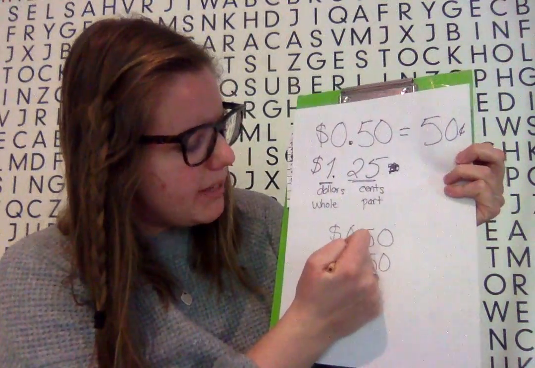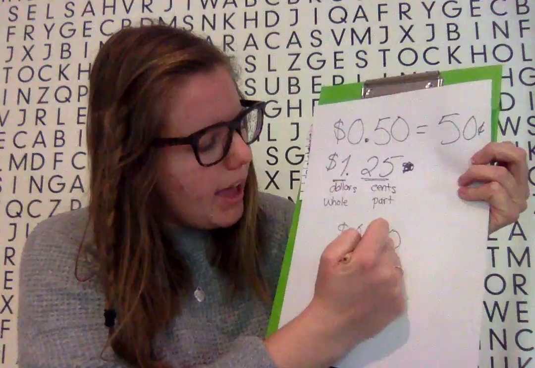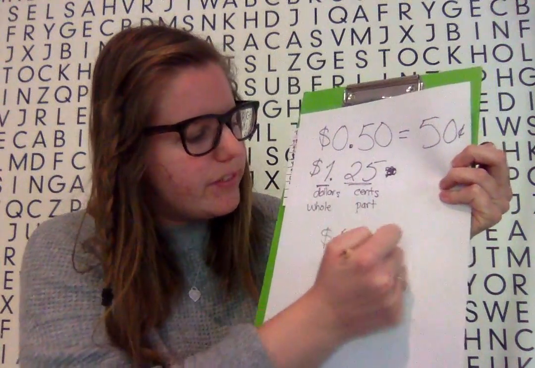All right, so I have it all colored. Do I have a whole dollar colored? No, I just have a part of a dollar, which is why in the dollar space I have a 0, and in the cent space I have 50, because it's saying I have 50, or half, of my 100 squares in my dollar colored.